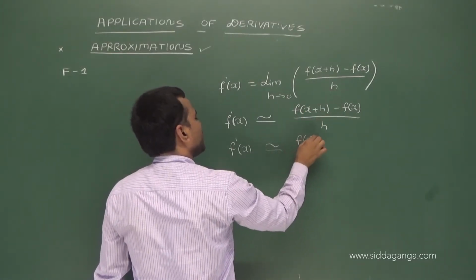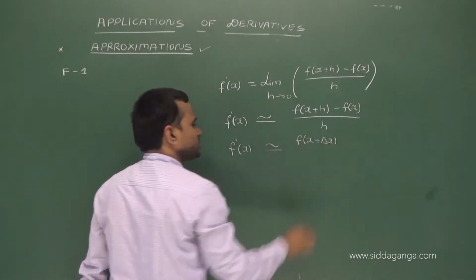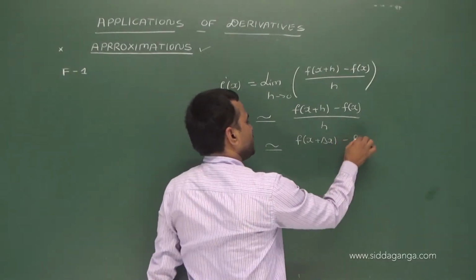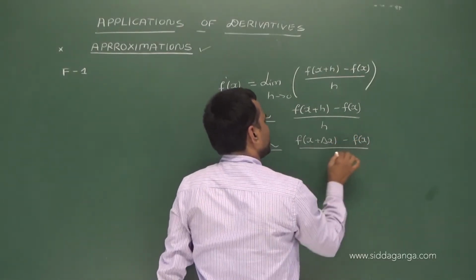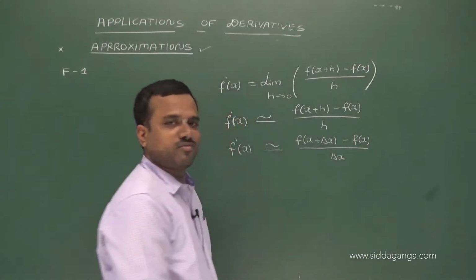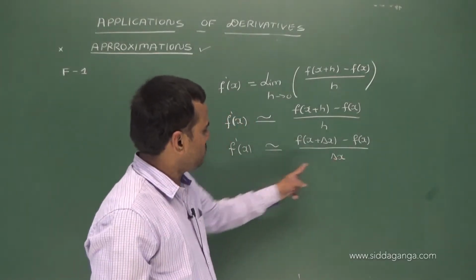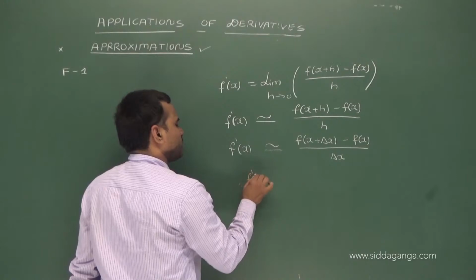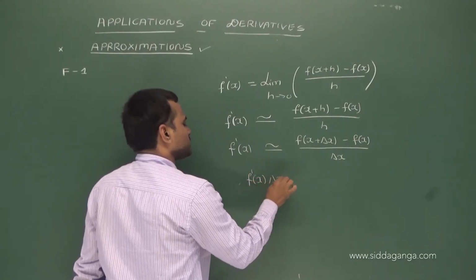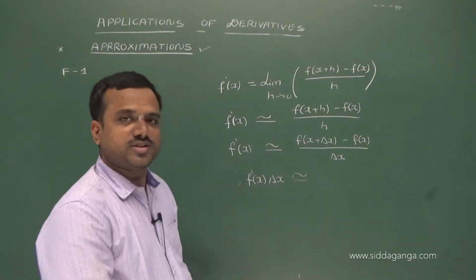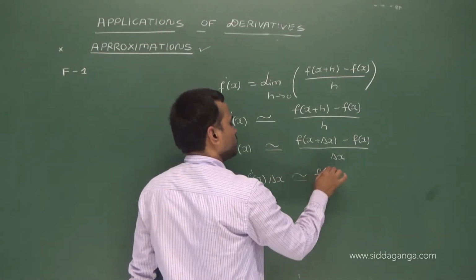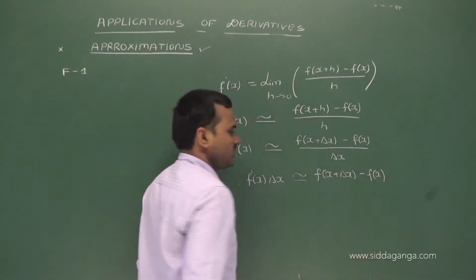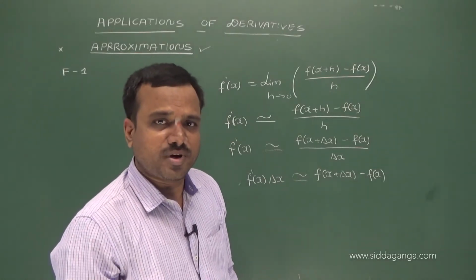So f dash of x is approximately equal to f of x plus delta x minus f of x, divided by delta x. Cross multiplying, f dash of x into delta x is approximately equal to f of x plus delta x minus f of x.